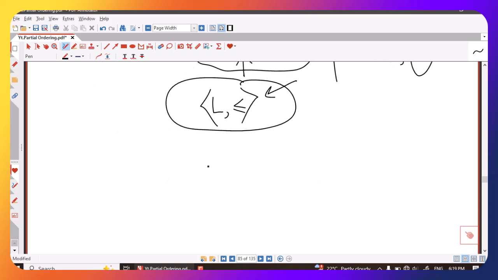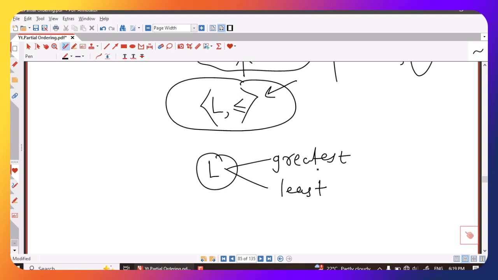Now it is not necessary that every lattice will have greatest and least elements, but if greatest as well as least element exist in a given lattice, then that lattice is called a bounded lattice.